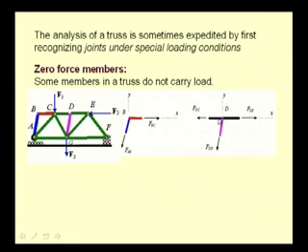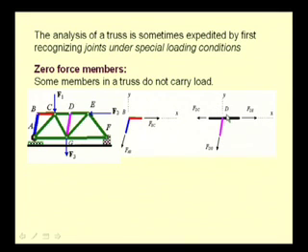Let us also see the joint D, which occurs in the same truss. Here we have two elements CD and DE, which are horizontal, and we have this element DG, which is inclined.